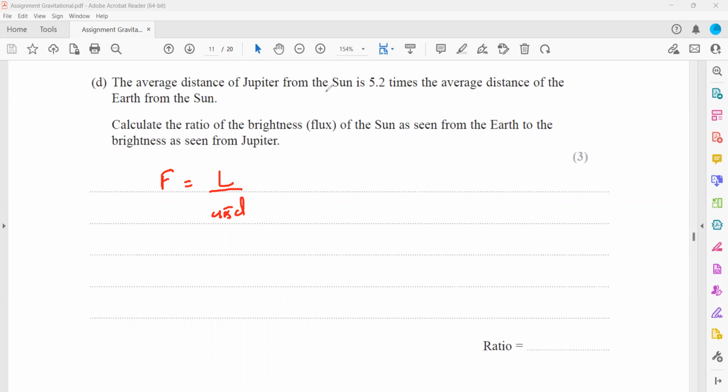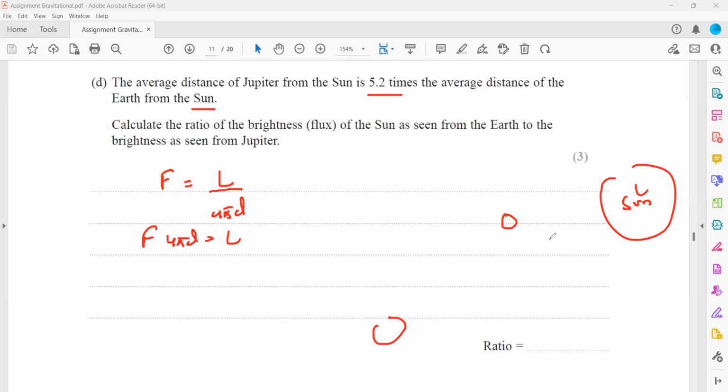So we have Earth here and Jupiter there, at 5.2 times the distance. Because the Sun is providing that power, the luminosity will be the same.